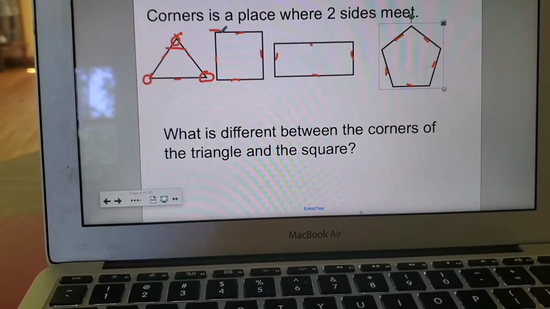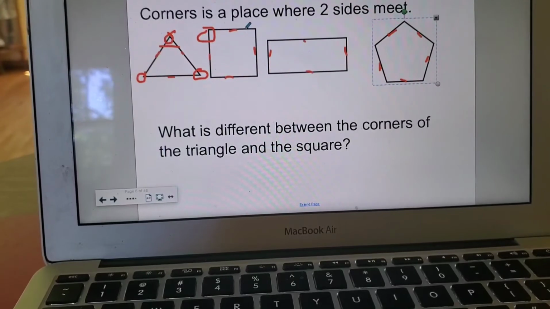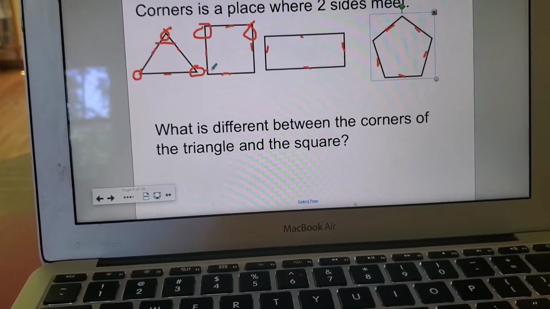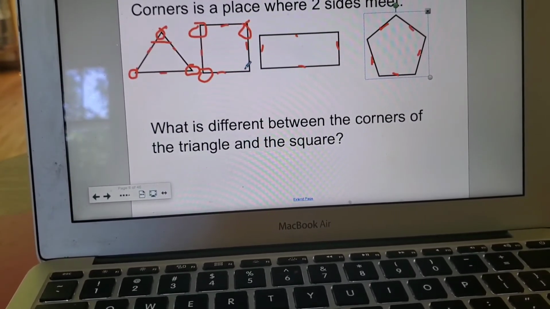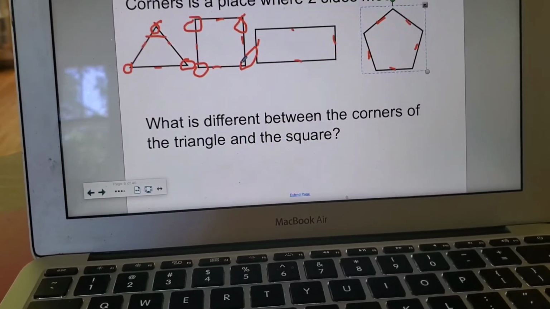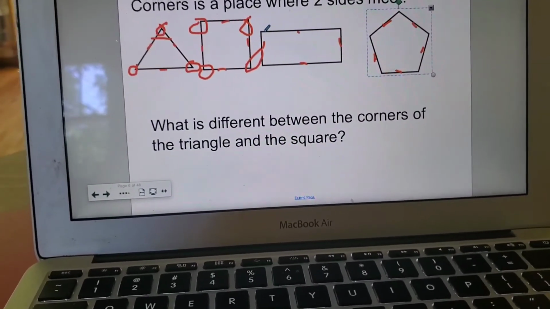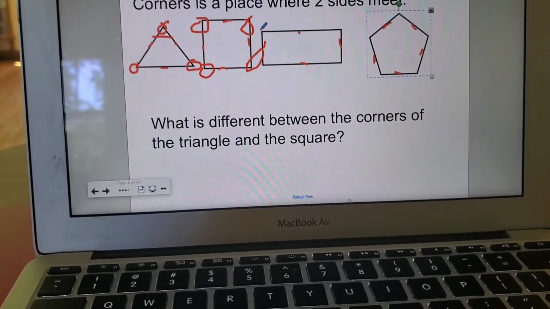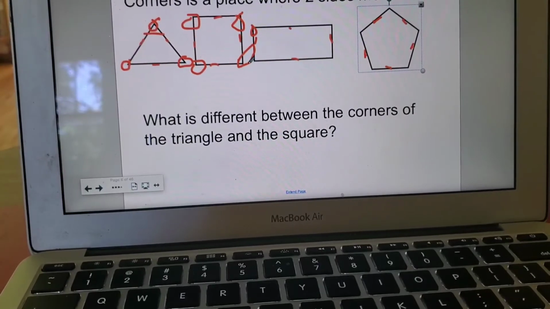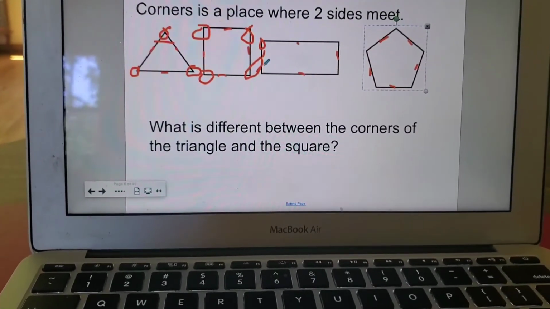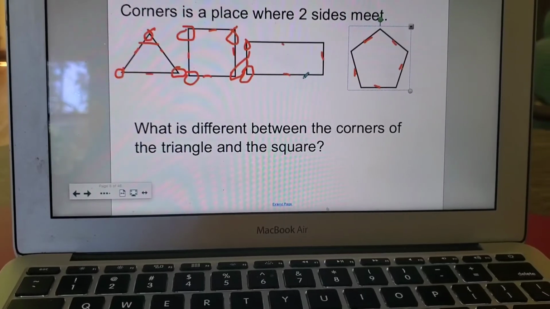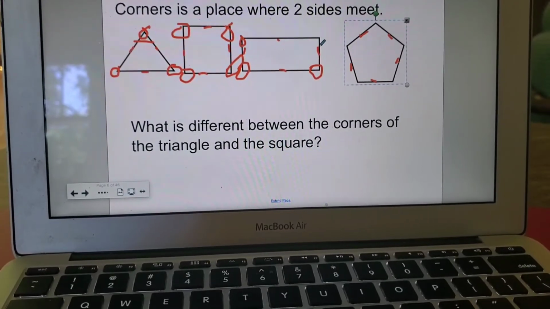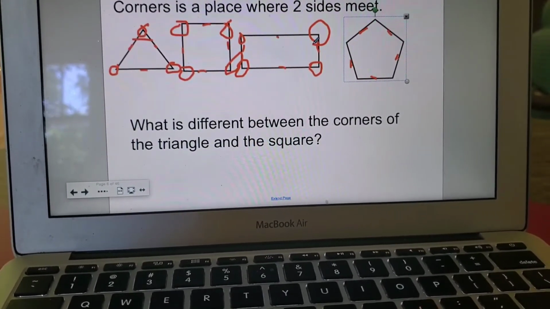Okay, now let's do the corners of the square. All right, I'm going to circle them. 1, 2, 3, 4. Okay, so now let's count the corners of a rectangle. Let's count them. Here's one right here. 1, 2, 3, 4.